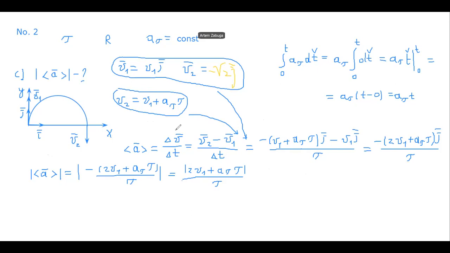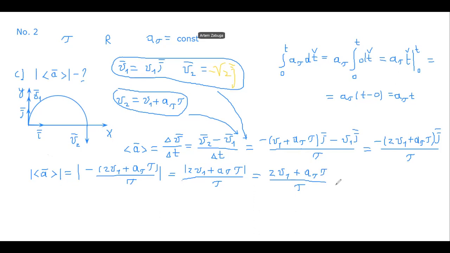So velocity v2 and this part of the formula cannot be negative. So it is definitely positive, and I need not write the modulus: double v1 plus a tau, divided by tau.